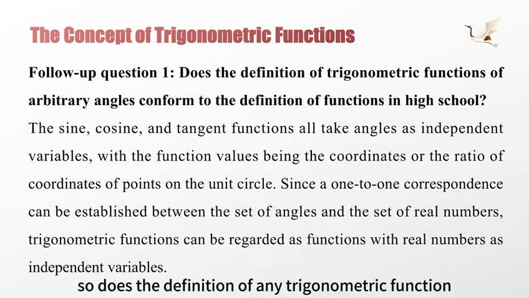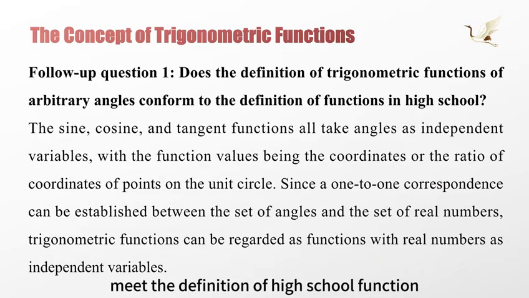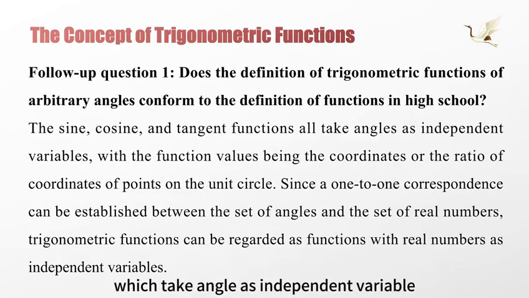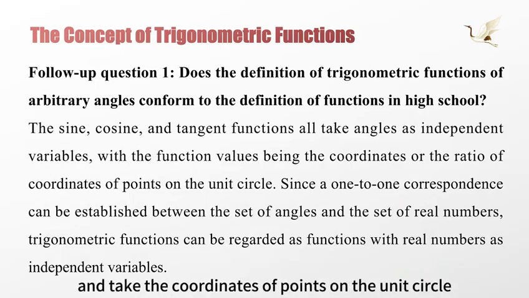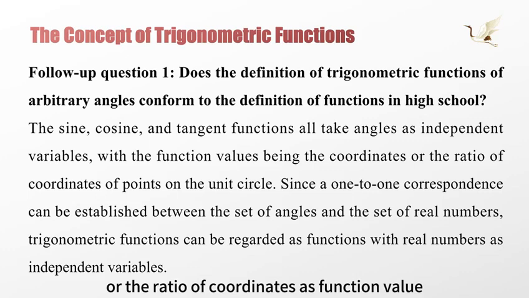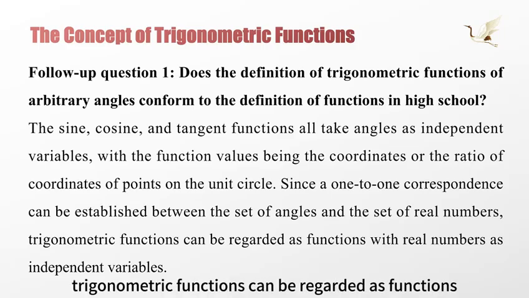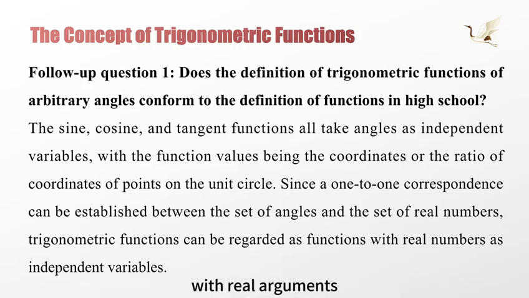So does the definition of trigonometric functions meet the definition of functions in high school? Let's look at the sine function, cosine function, and tangent function, which take the angle as the independent variable and take the coordinates of points on the unit circle or the ratio of coordinates as the function value. Since a one-to-one correspondence can be established between the set of angles and the set of real numbers, trigonometric functions can be regarded as functions with real arguments.